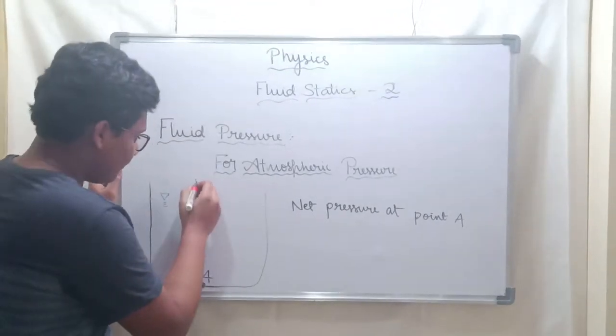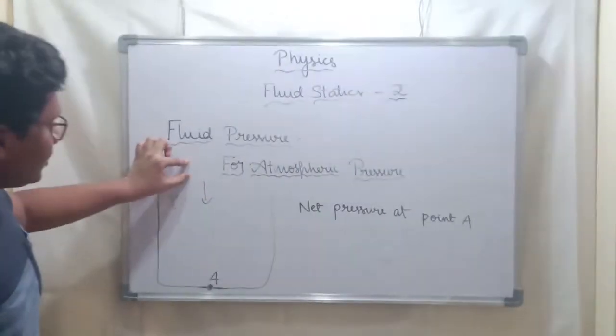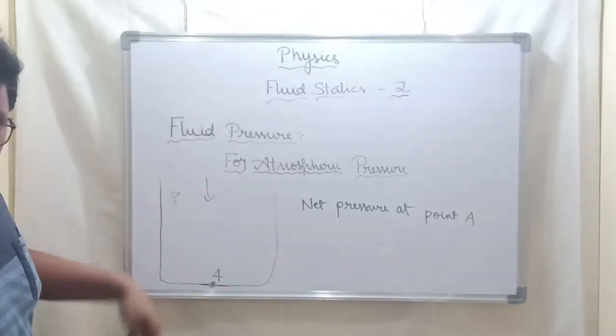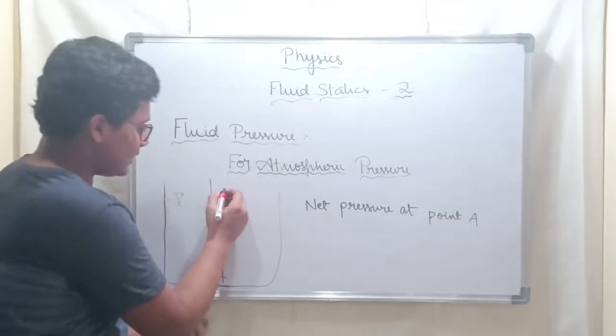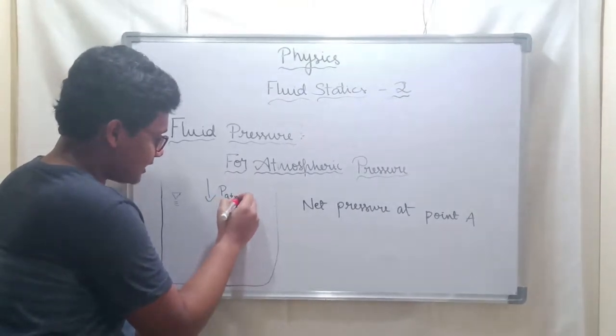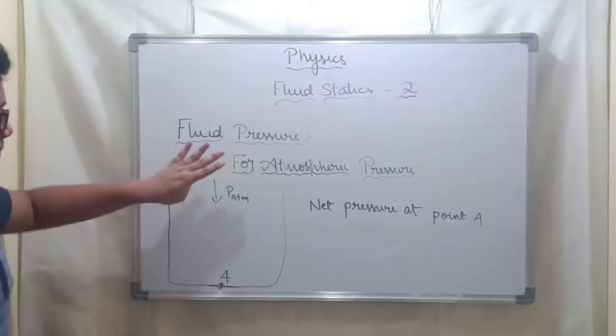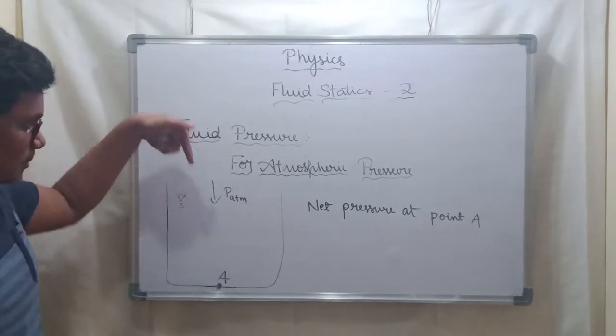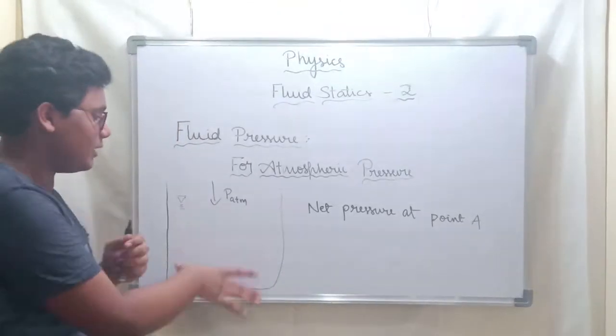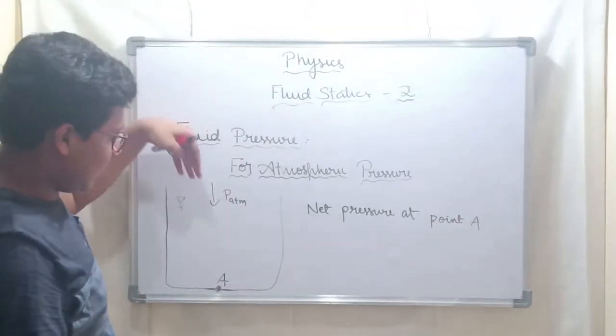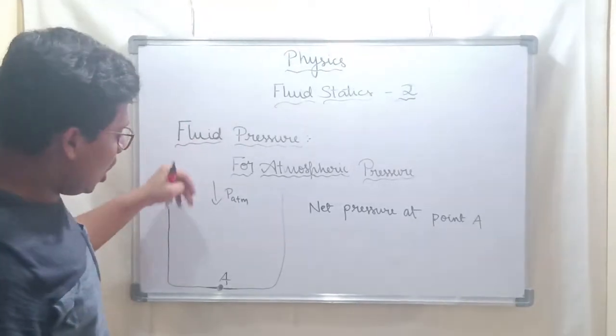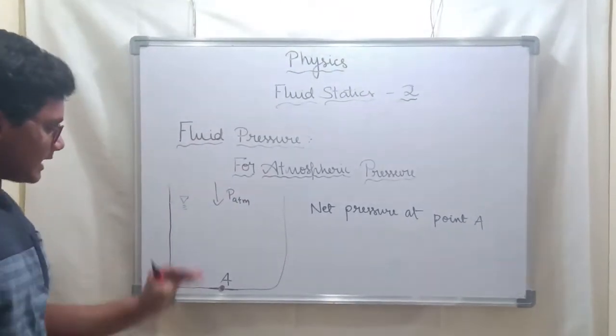If we take a vacuum, no atmospheric pressure is acting on it. Atmospheric pressure means an external pressure will act on it. P_atm from up in the air is acting on the fluid in this container.